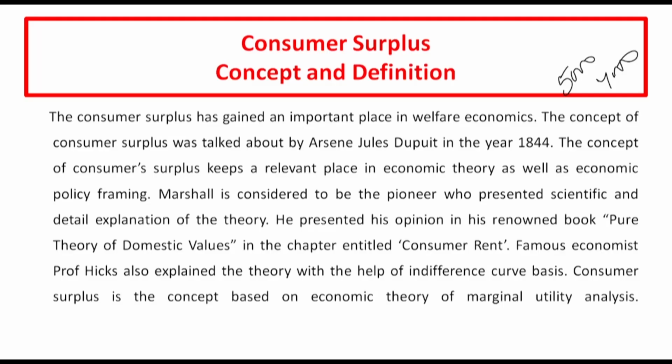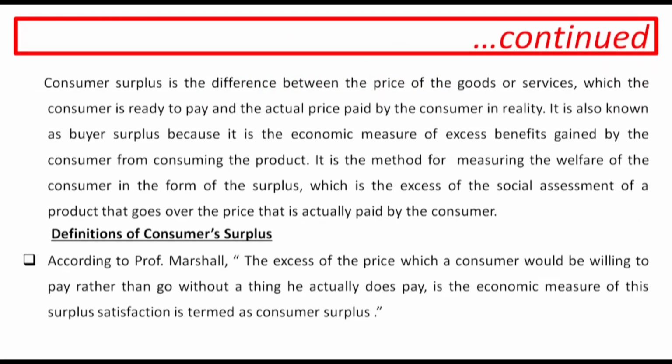The concept of consumer surplus was given by Dupuit in the year 1844. The concept of consumer surplus in the traditional approach was given by Marshall, and he mentioned it in his chapter called Consumer Rent in the Principles of Economics.